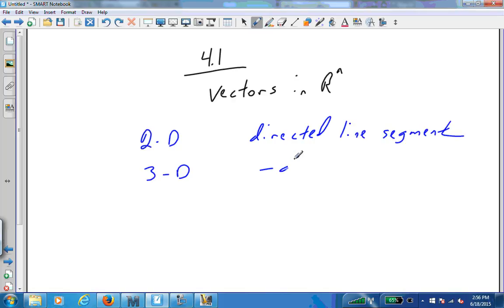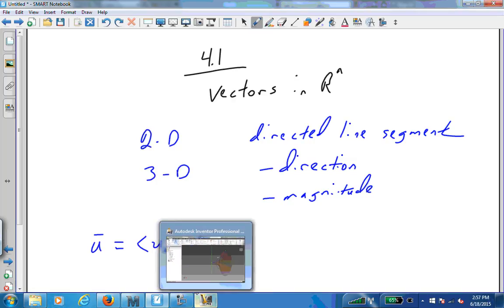It has direction and it has magnitude. And we've used this notation to represent a vector. In Math 113, calculus, we often list a vector like such.